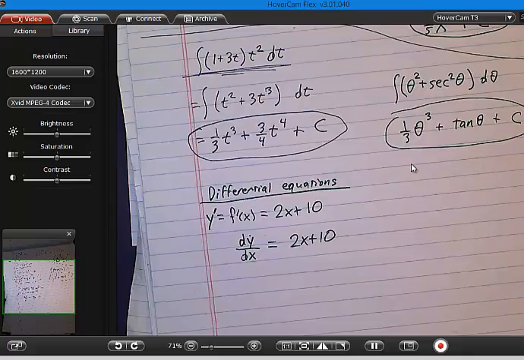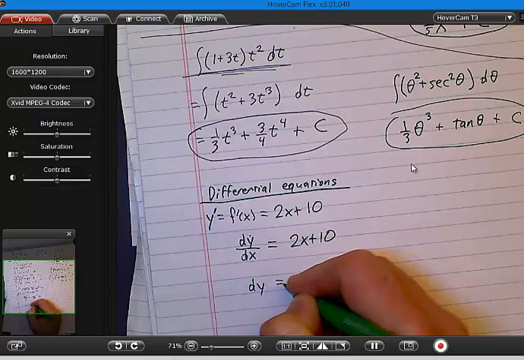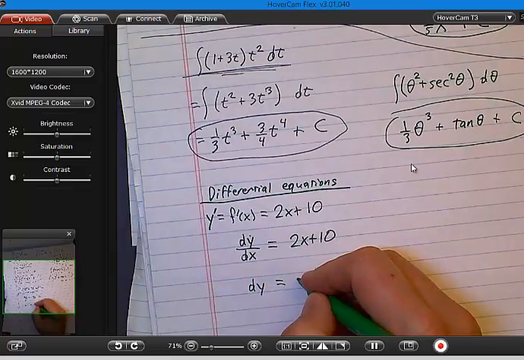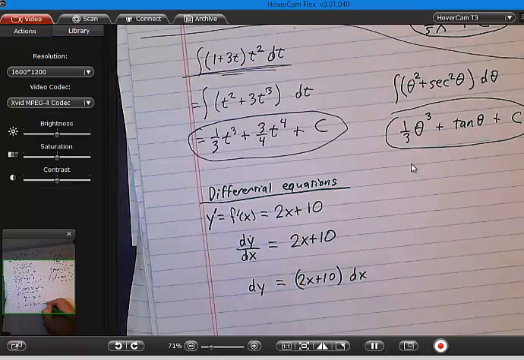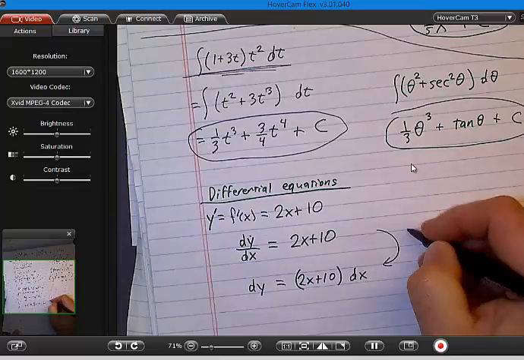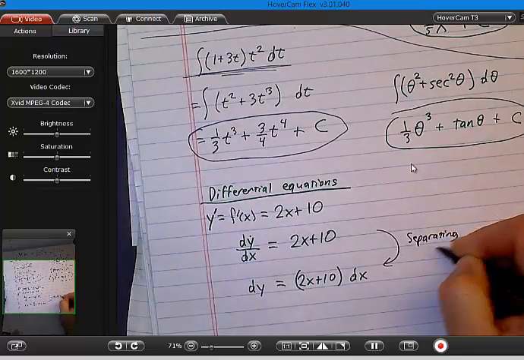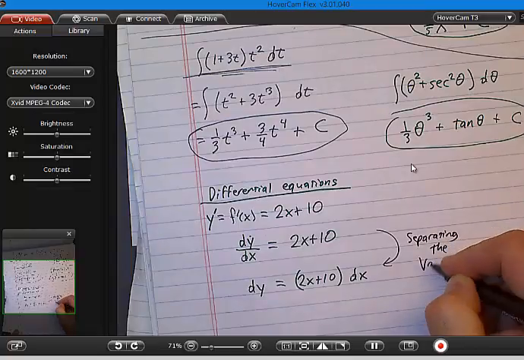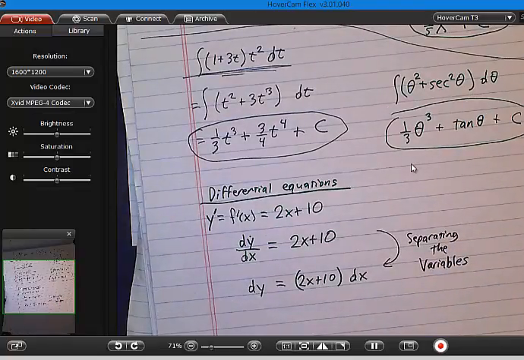And so what people will then do is they'll write the following. They'll write dy is equal to 2x plus 10 in parentheses dx. This move here is called separating the variables. It's a move that's done in differential equations.